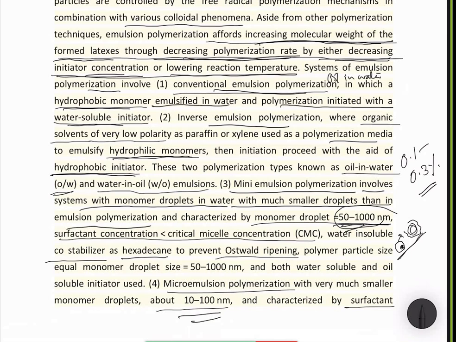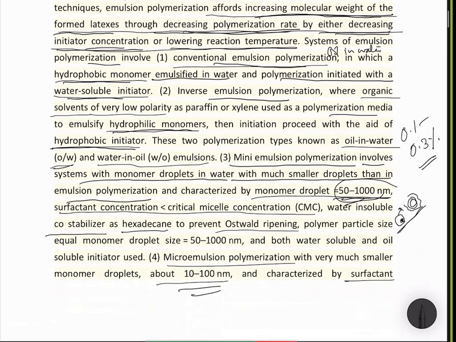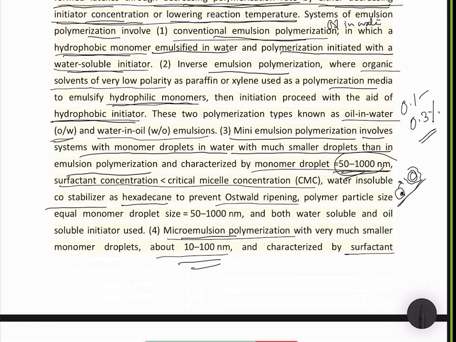So its concentration should be higher in case of mini emulsion polymerization, and also there could be micro emulsion polymerization, and in micro emulsion polymerization we have very much smaller monomer droplets, much smaller than the mini emulsion process, where the droplet size was 50 to 1000 nanometer, and in micro emulsion polymerization the size should be within 10 to 100 nanometers.